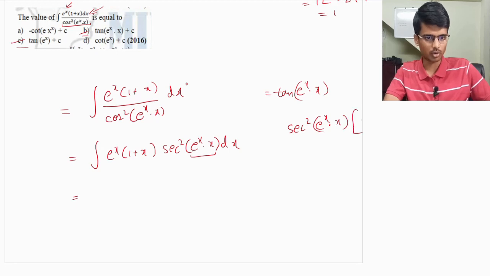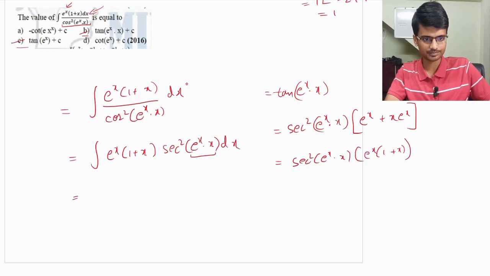I'll be using the product rule here, e power x plus x e power x, right? Voila, we got the question back. So this is nothing but the question, sec square e power x dot x. I can take e power x common, I'll get 1 plus x. So this is nothing but my question. So the correct answer is option B.